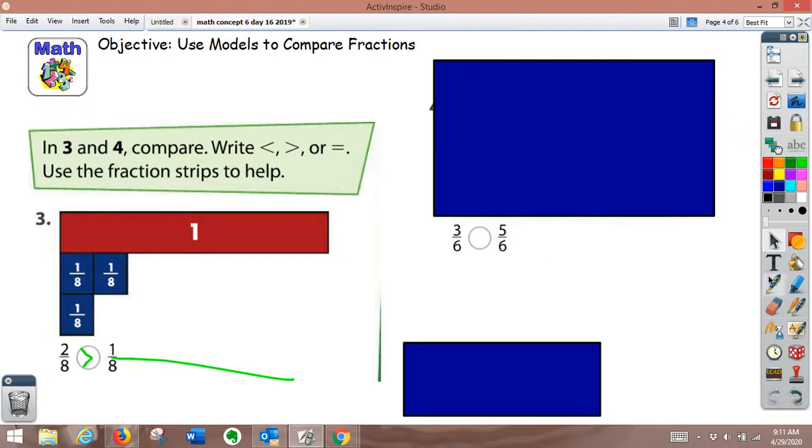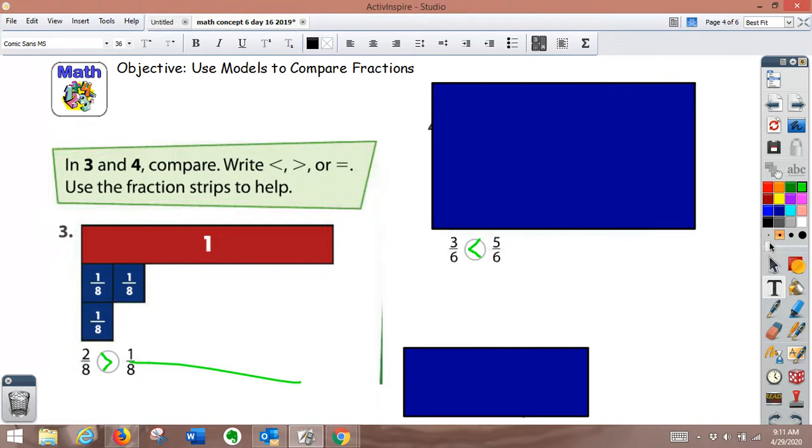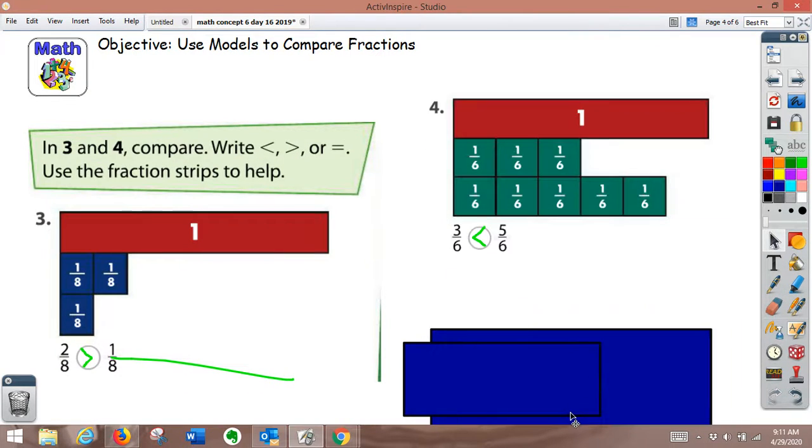So I'll bet that 5/6 is going to be greater than 3/6. Let's check it out and see what happens here. And there we go. 1, 2, 3, 4, 5/6 is greater than 1, 2, 3/6. So we were right. 5/6 is greater than 3/6.